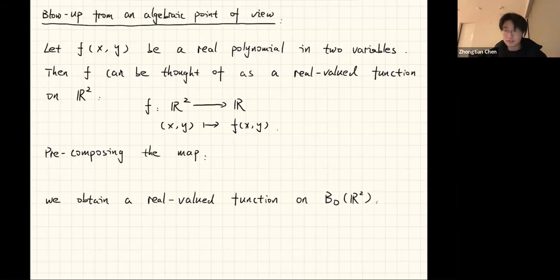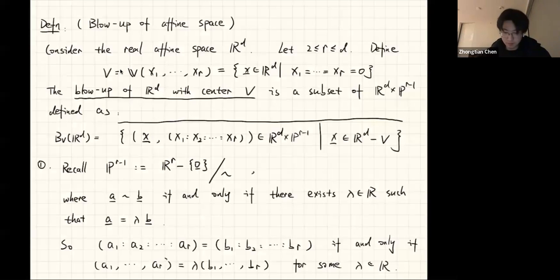Can I just ask you to go back to the start of the blow up and walk us through it at a high level? Yeah, so the high level thing is you take the affine space, and if we take the center to be the origin, then the blow up associates each point outside the origin a line determined by the point.